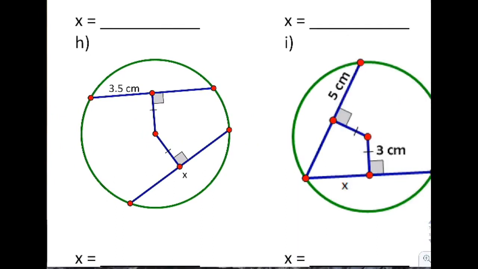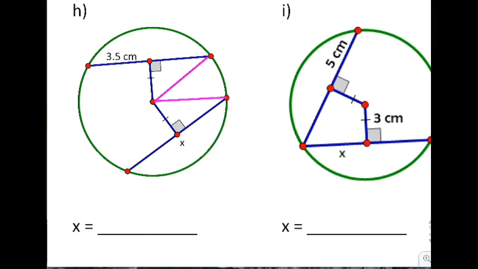On letter H, you see I added in a radius here and a radius here, completing these two triangles here, right here and right here. All radii are the same, so that has to be the same as that. It already told us that this is the same.